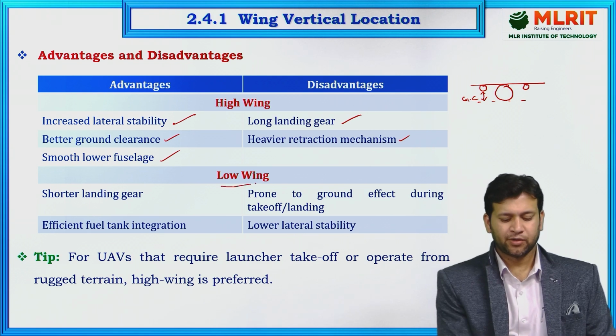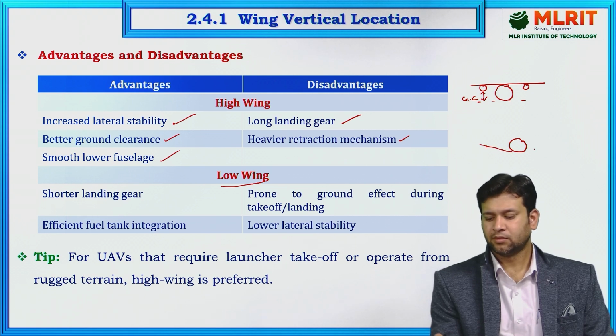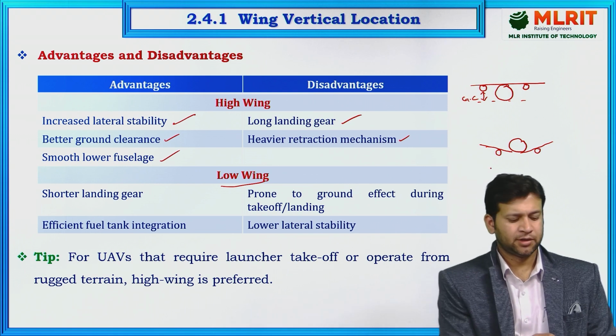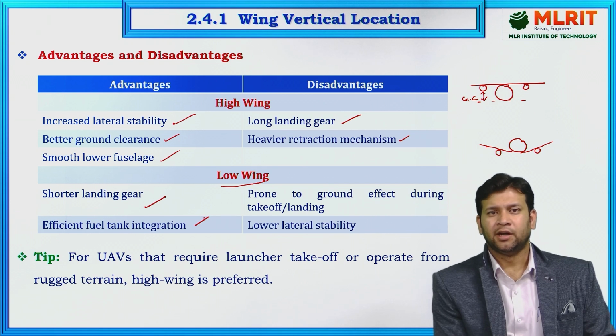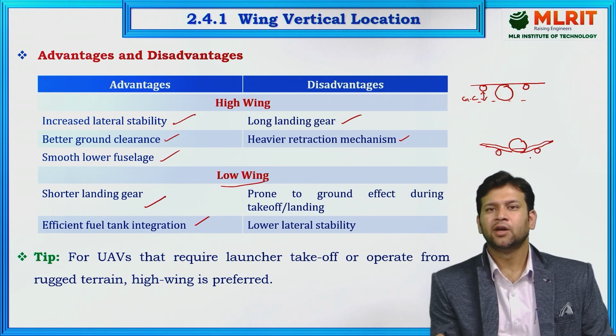Advantages of having a low wing configuration: it will have shorter landing gear and it will be efficient in integration of the fuel tanks, because it will be at the lower level. Because of gravitational force, the fuel from this wing will pass directly to the engine.